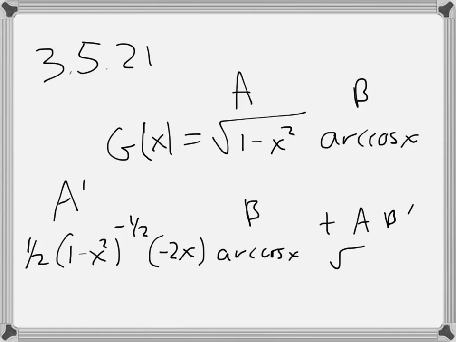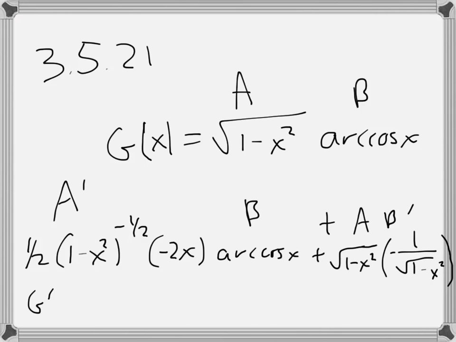So I would leave the square root, but then what is the derivative of arc cosine? And that is exactly what I have. It's 1 over the square root of 1 minus x squared, but with a big negative out front. So that actually works out that that term will simplify.